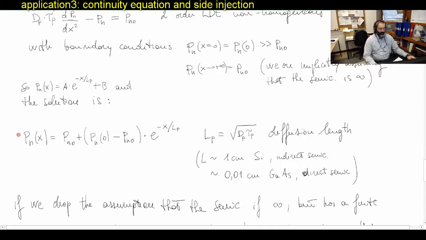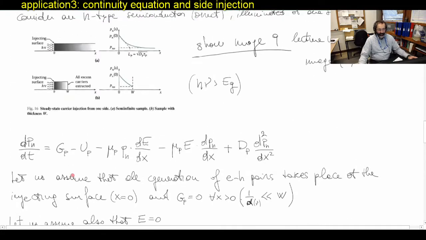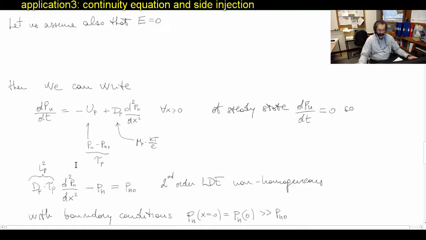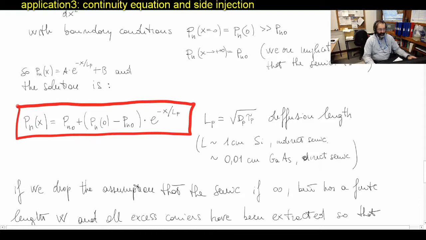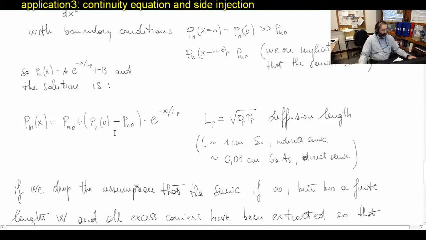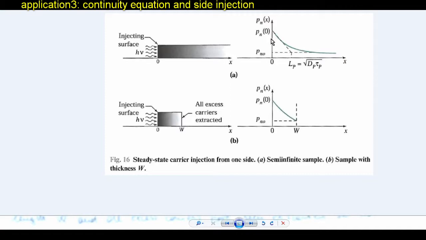What we are seeing here, the solution of the differential equation we obtained from the continuity equation, is the final solution: Pn at any point x is given by this equation, which is effectively telling us that within the semiconductor, Pn is decreasing exponentially toward Pn0.